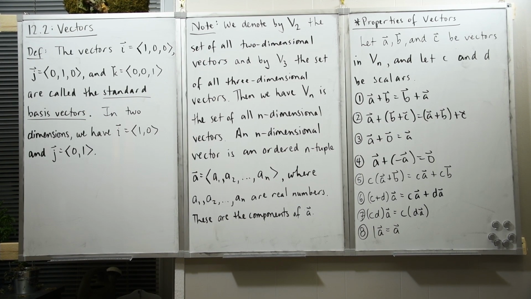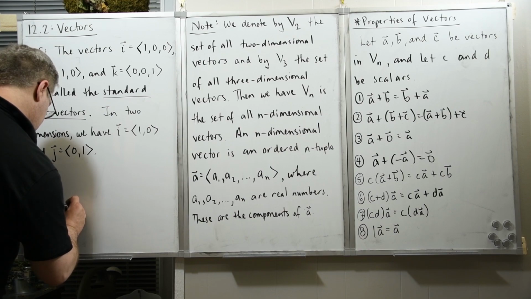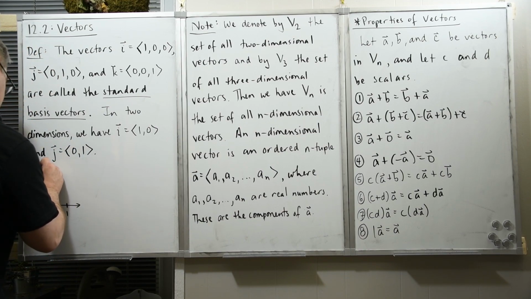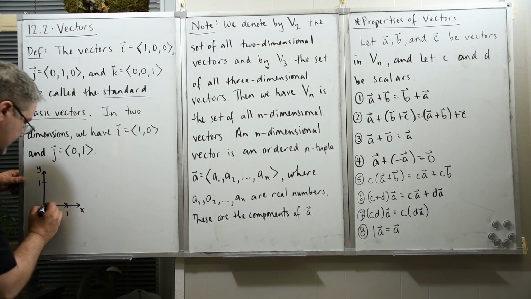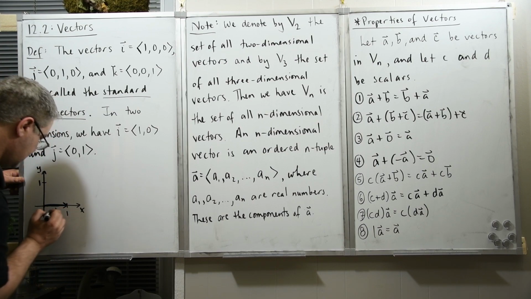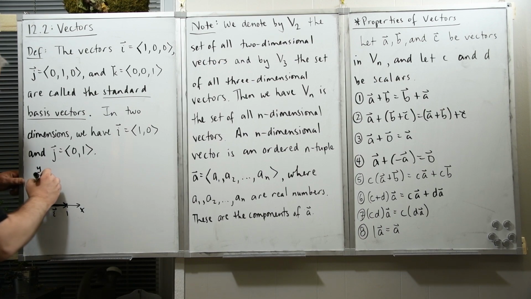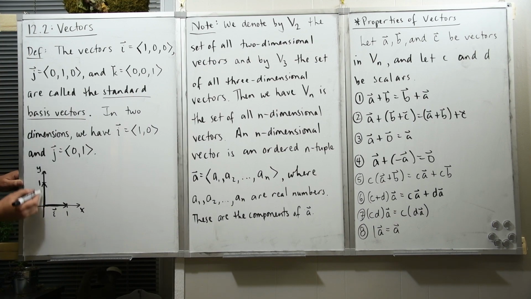Now, if you think about what this looks like geometrically in 2 dimensions, your vector I, once again, if the components are 1 and 0, that means when the initial point is at the origin, the terminal point will be at 1, 0. So your vector I will be along there, and then your vector J, in a similar fashion, will be this vector along here.